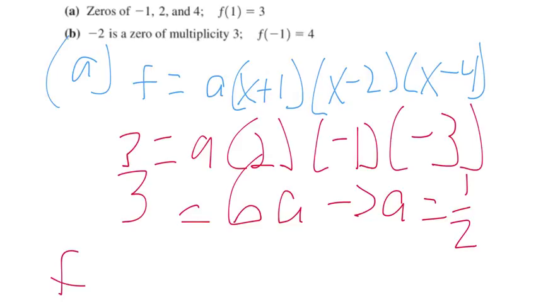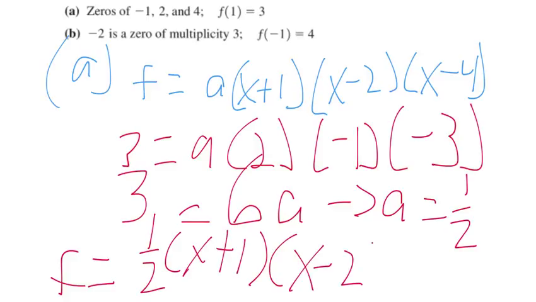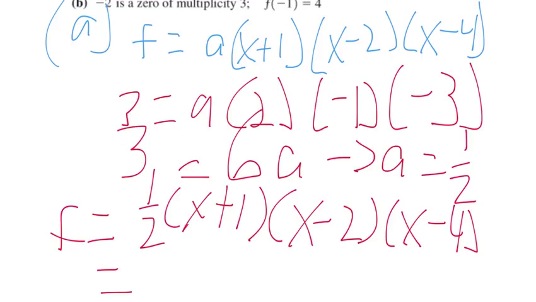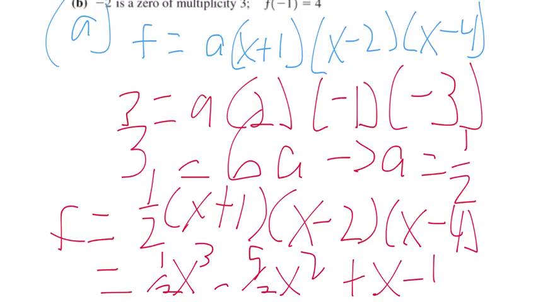So your function is equal to 1/2 times x plus 1 times x minus 2 times x minus 4. Or if you want to FOIL those three factors together, then distribute the 1/2, that would give you 1/2 x to the third minus 5/2 x squared plus x minus 4.